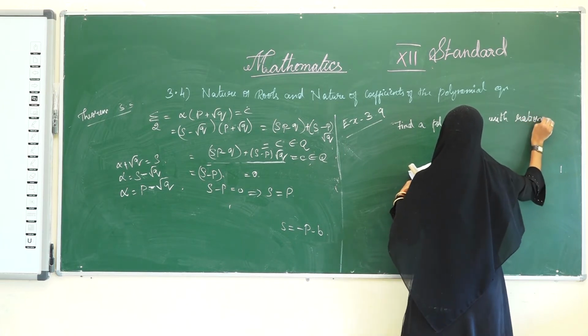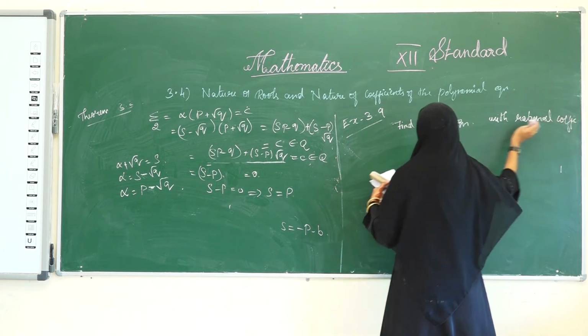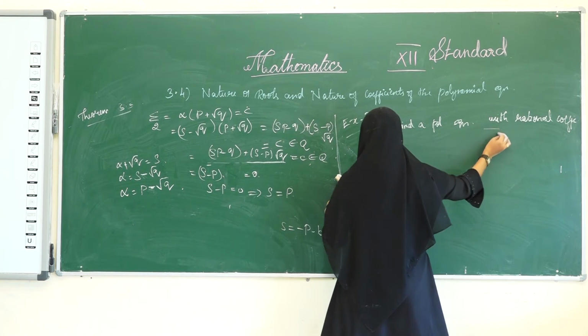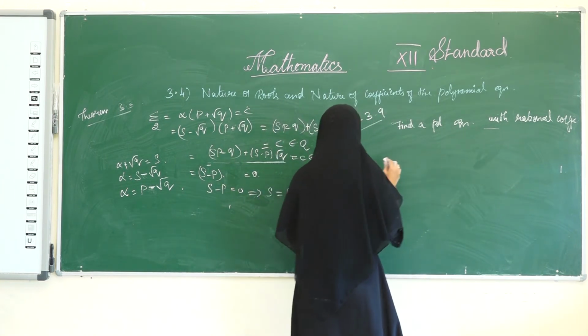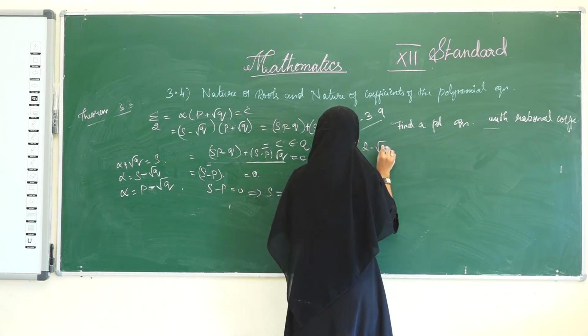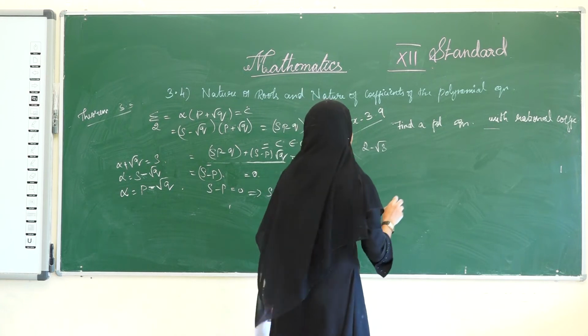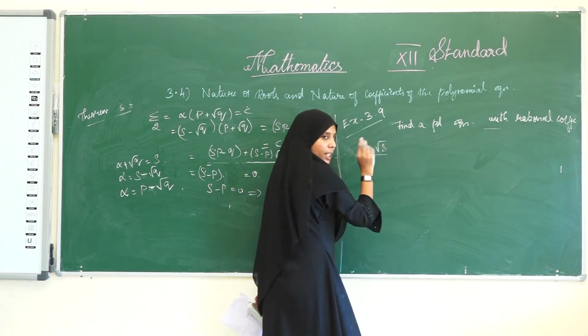In this chapter we are mainly dealing with the nature of the coefficients of polynomial equations, so this is the main thing we have to know. They have given 2 plus root 3 as a root. So we have to find a polynomial equation with minimum degree.